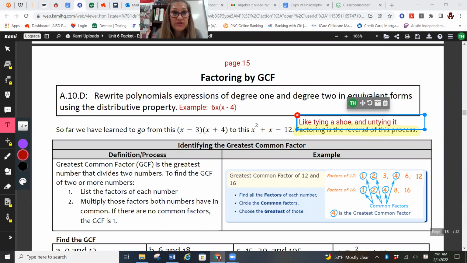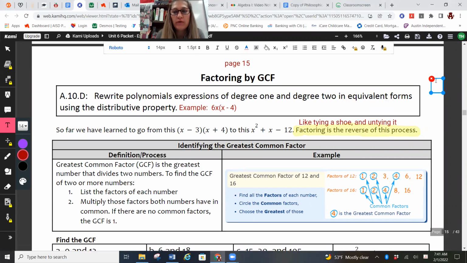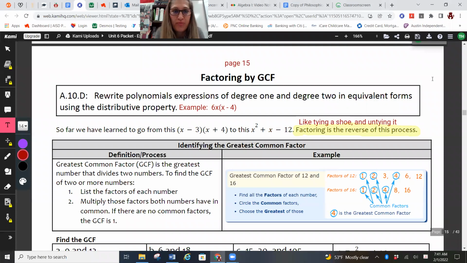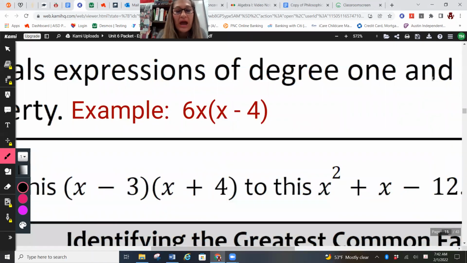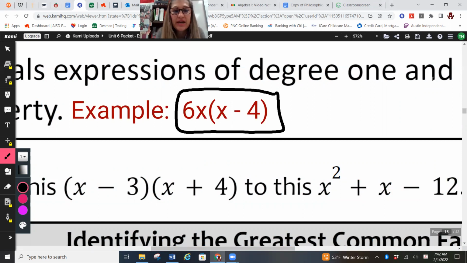We are on page 15, factoring by the GCF. This is for the Texas standard A10D: rewrite a polynomial expression of degree 1 and degree 2 in equivalent forms using the distributive property. So the example today is that you're going to be writing the answer in this form, 6x times x minus 4.